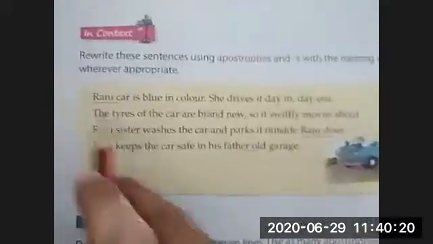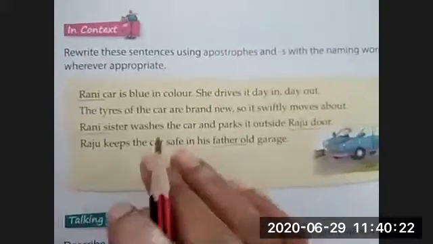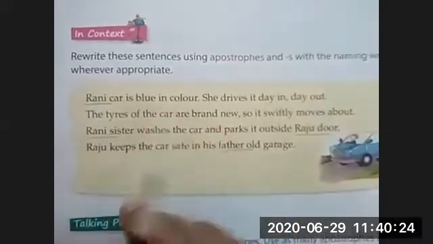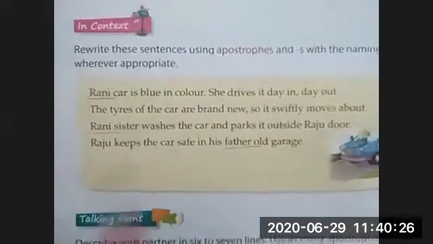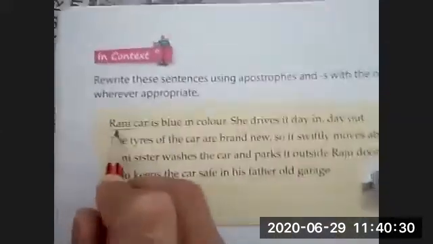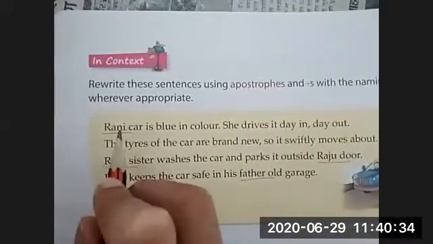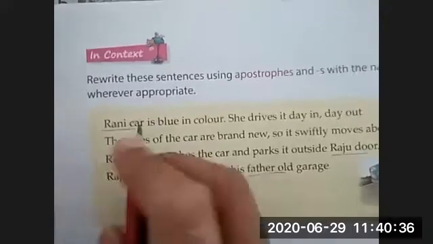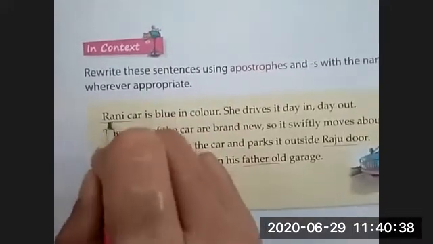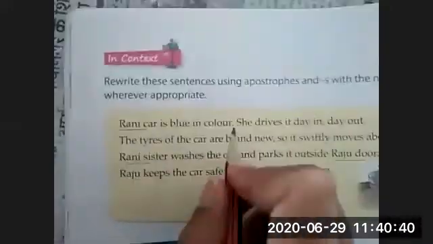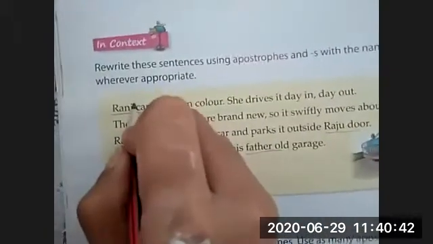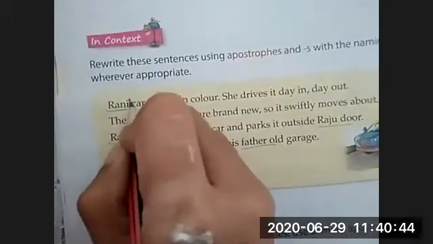You have to write it again, but as we don't have space in the book, I have underlined where I will give apostrophe and where we will use s also. So here it is, Rani car is blue in color. Whose car? Rani's car. So we will add apostrophe here.